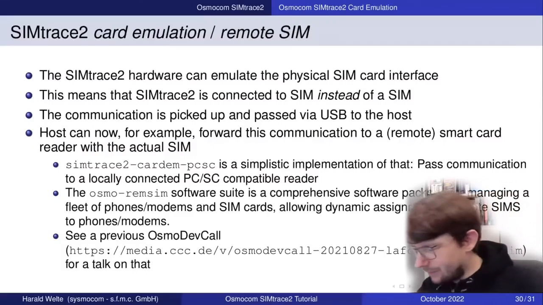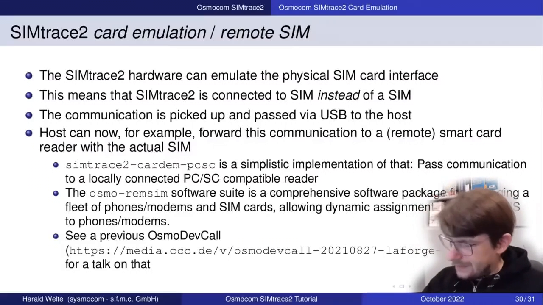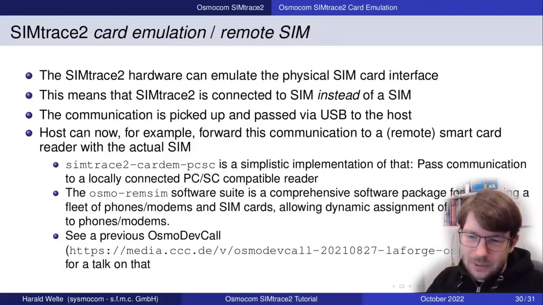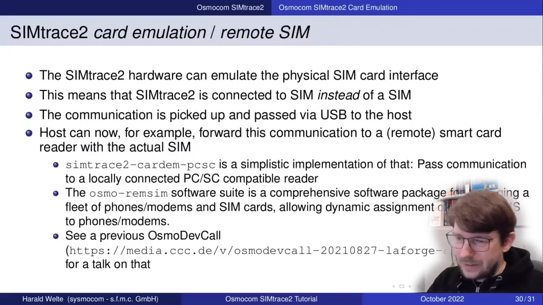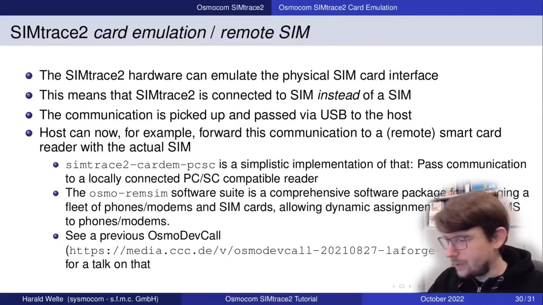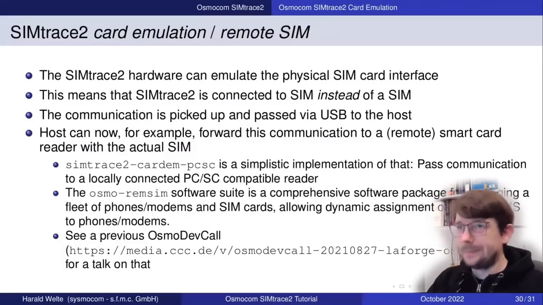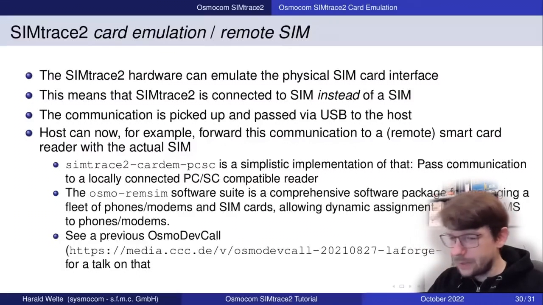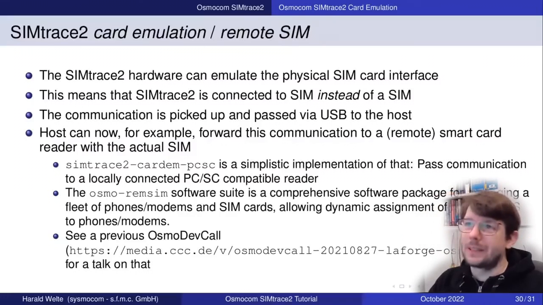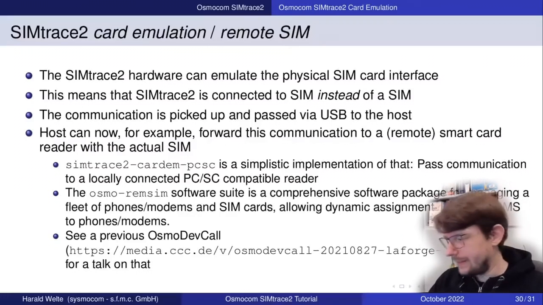There is an older open source project in Ruby from Kevin, but I don't think anyone has made that interoperate with the CardDM firmware of SIMtrace2. There will soon be an open source implementation of a full SIM and USIM. I cannot say more at this point, but we've been working on something, and it will be for a customer.